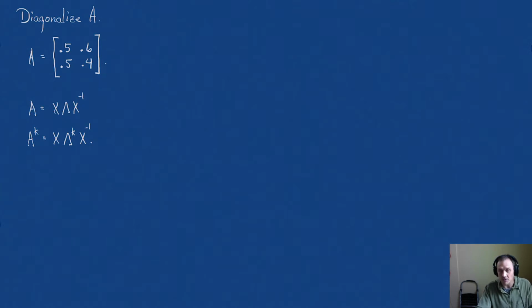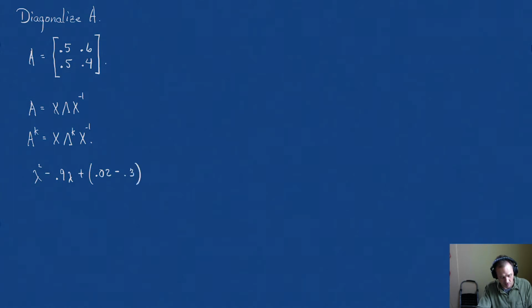Well, first thing we want to do is find the eigenvalues. So we want to solve the equation lambda squared, subtract the trace, that's minus, the trace is 0.5 plus 0.4, so minus 0.9 lambda, plus the determinant. That's 0.5 times 0.4, which is 0.2, minus 0.5 times 0.6, which is 0.3.